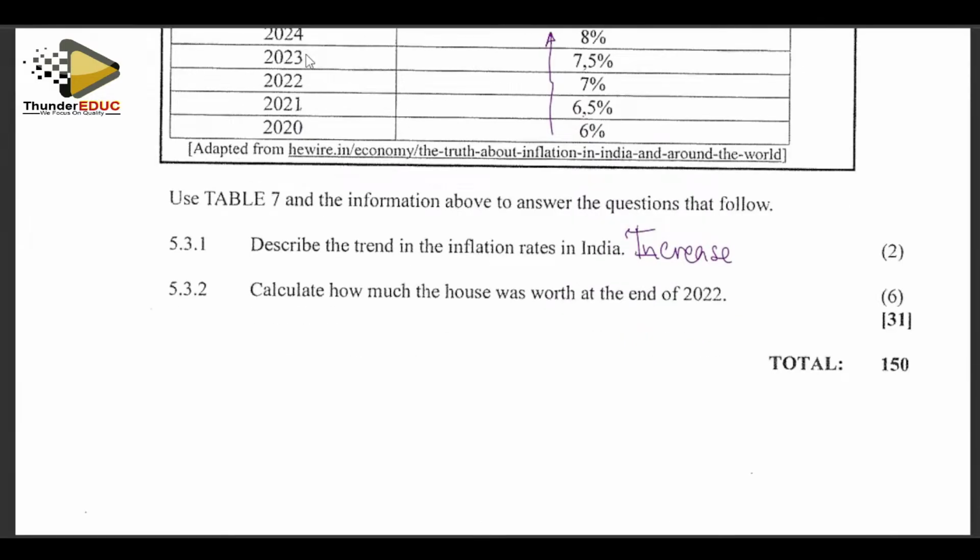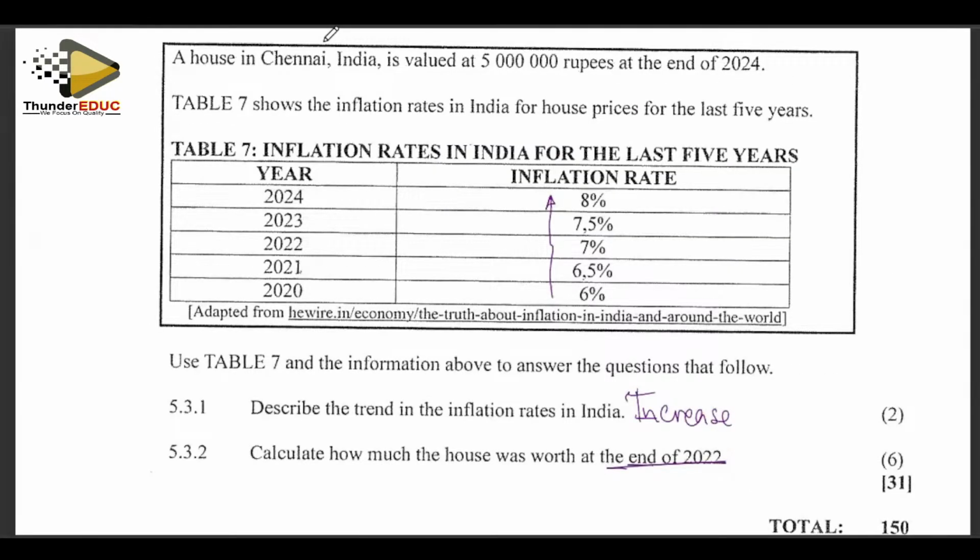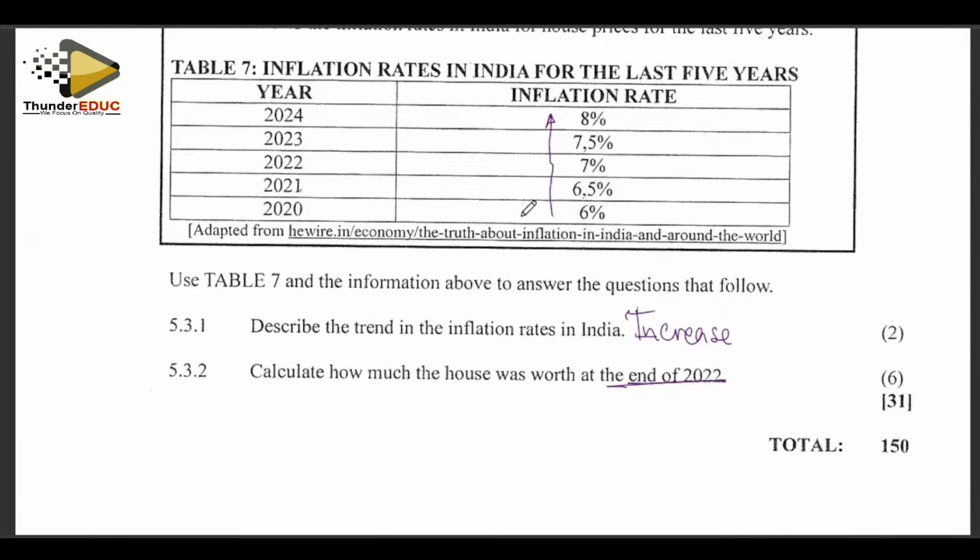They're asking us how much the house was worth at the end of 2020. Now, when you look at this, the house was bought in 2024. They're asking us at the end of 2020. So we are going to work backwards.